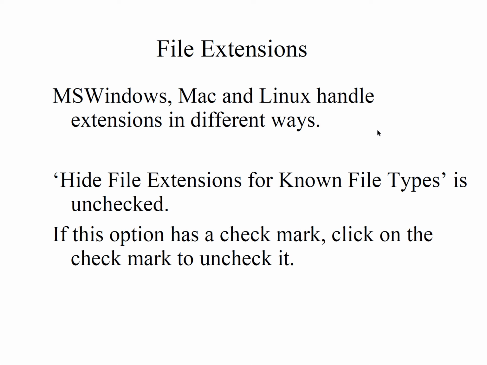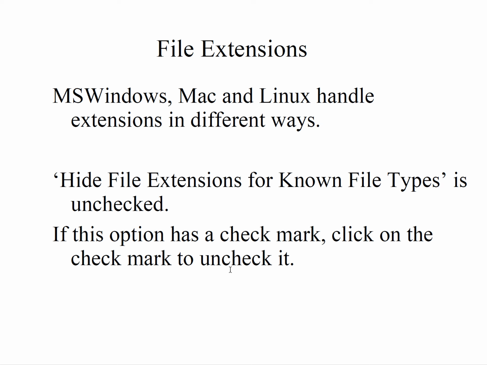So in Windows and in Mac and in Linux, how you get to see the extensions varies from operating system to operating system. You're going to look, in the properties of how files are displayed for you, for something like an option like hide file extensions for known file types.